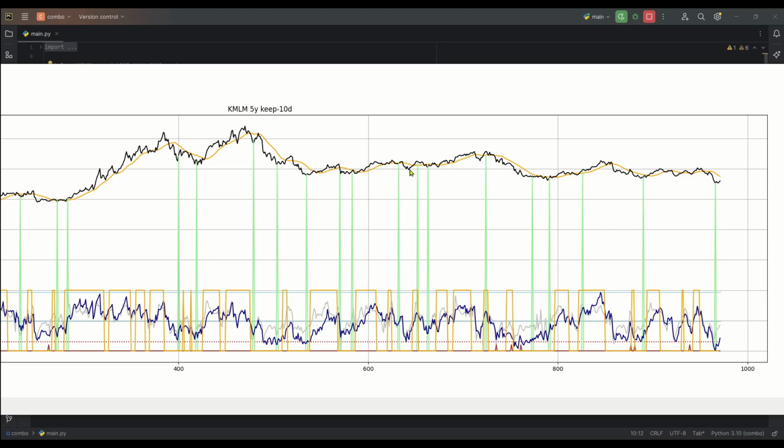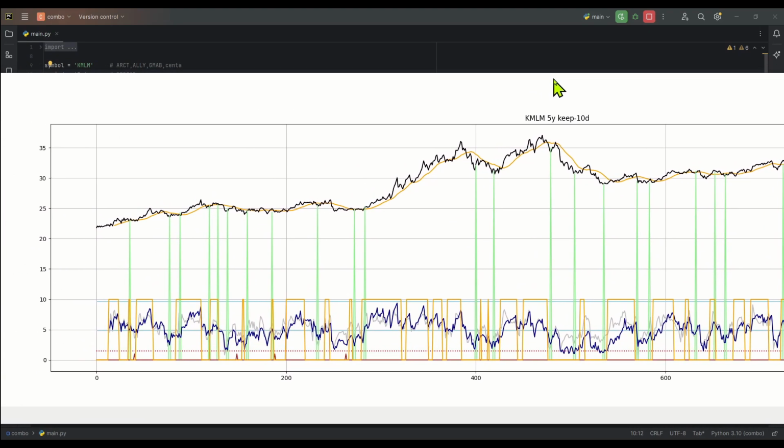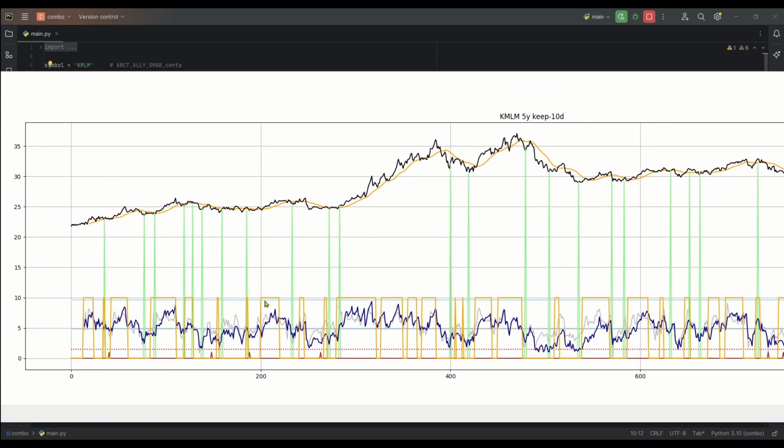But blue is very low here, but there's no green. So we're actually going to look at what happens when blue is low and there's green. It's mostly okay, it's neutral.